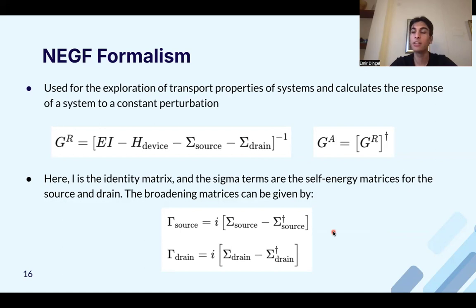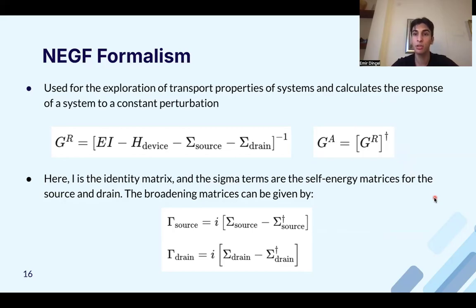In order to check if our suggested geometry actually works as a resonant tunneling diode, we will need to incorporate the non-equilibrium Green's function formalism, which is used to explore the transport properties of systems and calculate the response of a system to a constant perturbation.